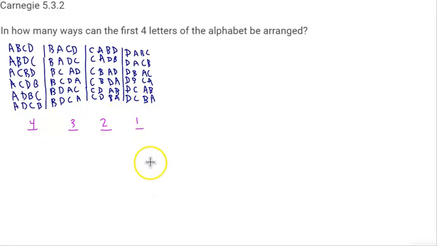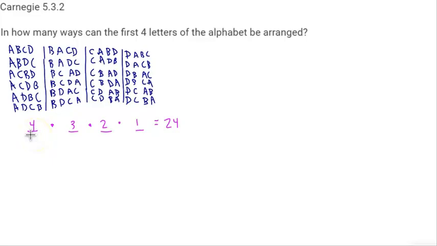And then I only have 1 option for the last letter because at that point I would only have 1 letter left. Then I'll multiply my numbers together to get the total number of arrangements. So if I was asked to find how many ways we could rearrange the first 4 letters of the alphabet, I would say 24 because 4 times 3 times 2 times 1 is 24.